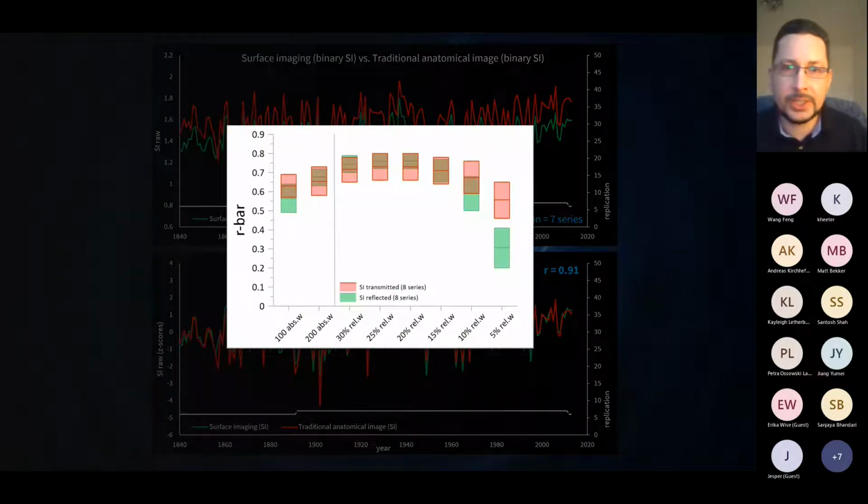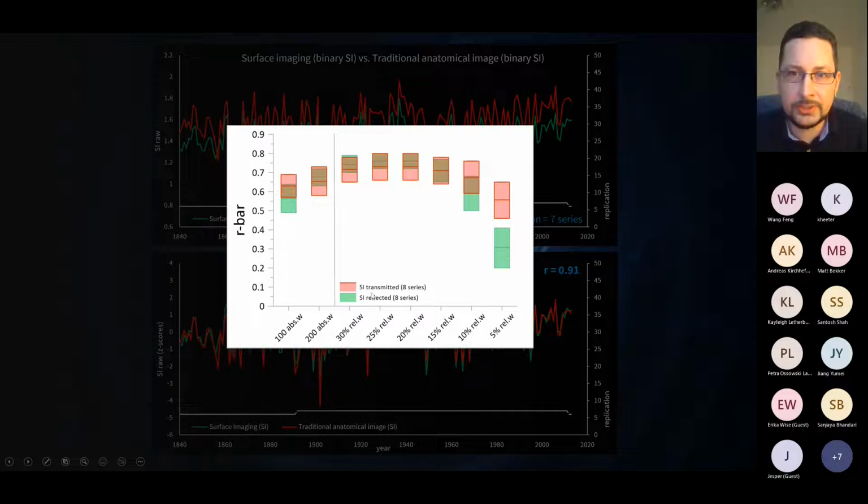But interestingly, if we look at the R bar for different radial width measurements or windows, these are very similar, except when we get to the very small windows. And what we see with surface intensity from the reflected light of the surface of the sample, this drops off quite a lot when we have very narrow windows.